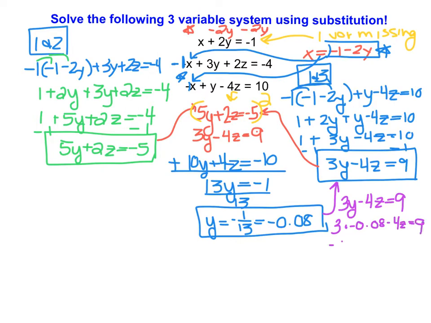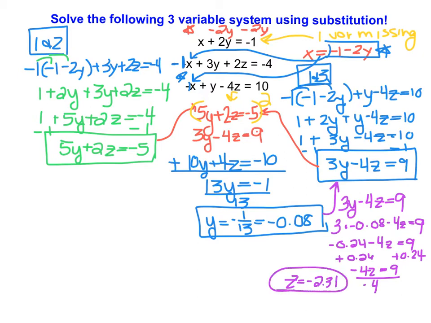So then I have negative 0.24 minus 4z is equal to 9. Add 0.24 to each side. So I have negative 4z is equal to 9.24. Divide by negative 4, and I find that z, in this case, is approximately negative 2.31.